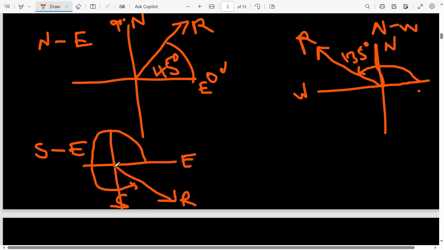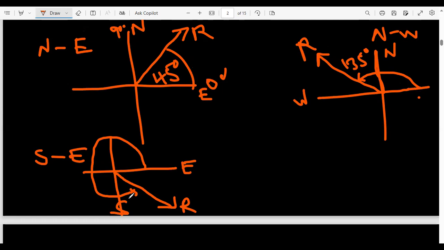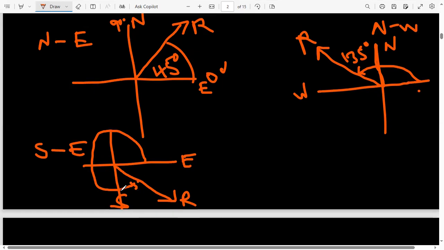Okay, so remember that this one here is just between a 90, so from this point to this point is 45 degrees. And then from this point all the way up to this point is what? 270.